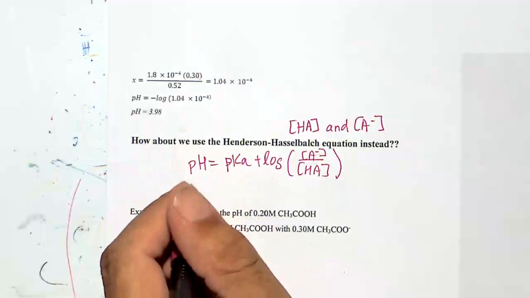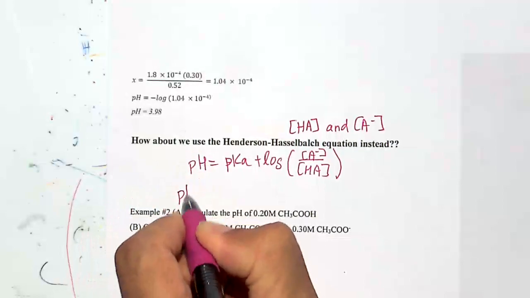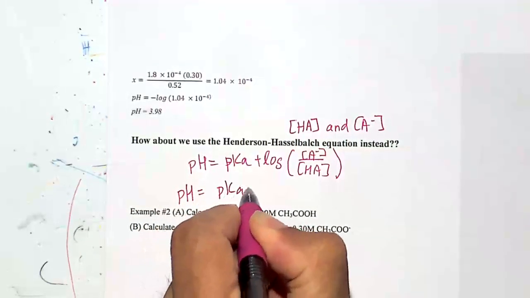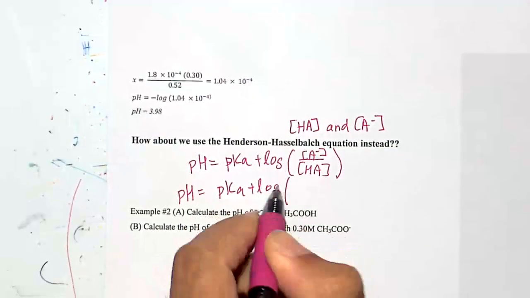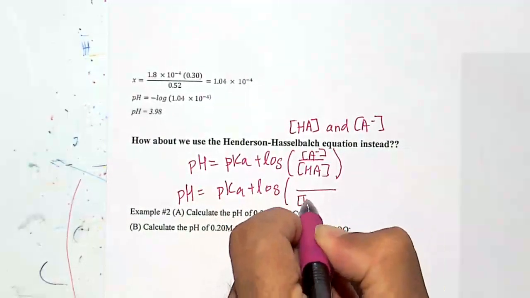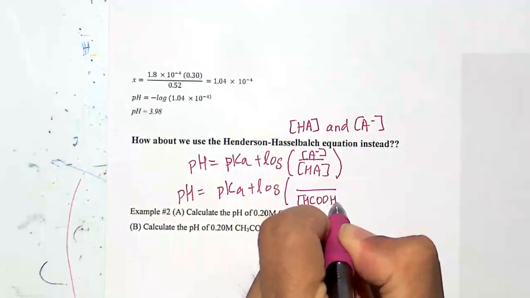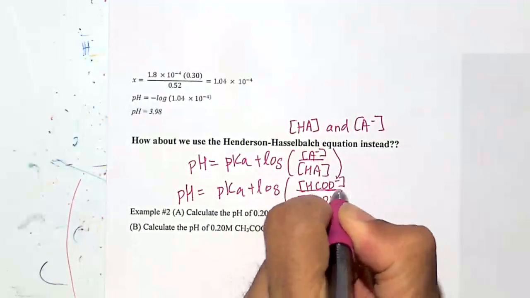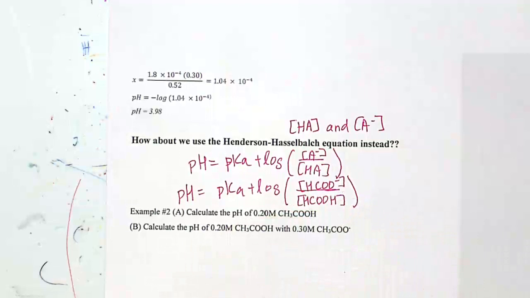I'll give you this equation on the exam. So in this specific problem, part B, we have pH is pKa plus the log of HCOOH and HCOO minus. Okay.